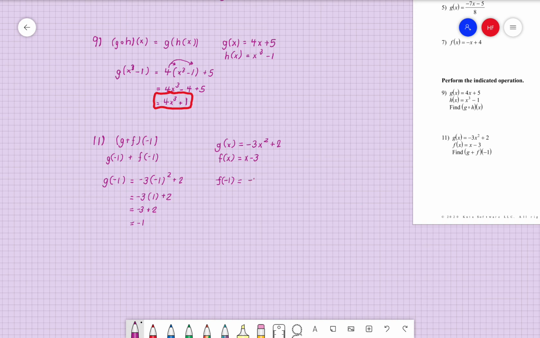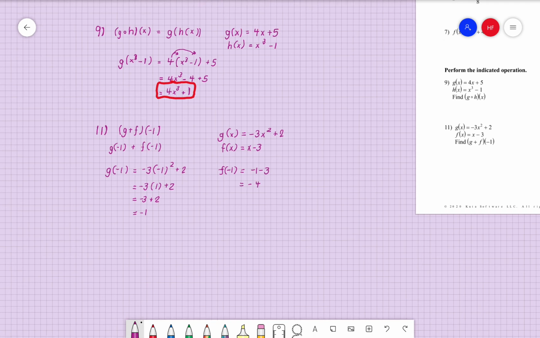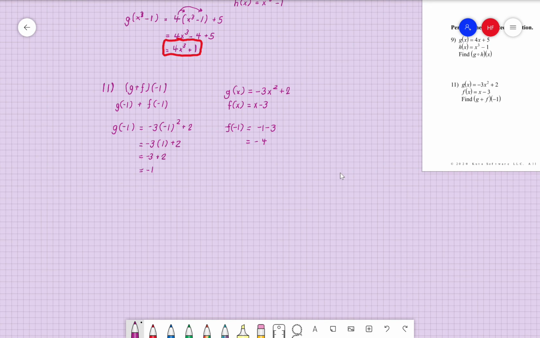So negative 1 minus 3, which is negative 4. And now I'm going to add them together. So g of negative 1 plus f of negative 1 equals negative 1 plus negative 4, which is the same thing as negative 1 minus 4, which is negative 5.